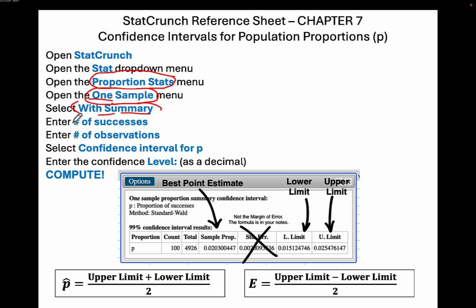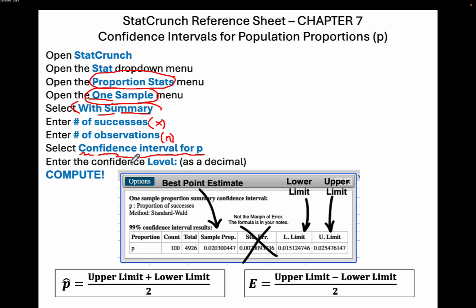We're going to be asked on the input screen what the number of successes is. We're going to be asked on the input screen what the number of observations is. Remember, the number of successes is X. The number of observations is lowercase n. And then we're going to ask that program to run a confidence interval for the true population proportion.